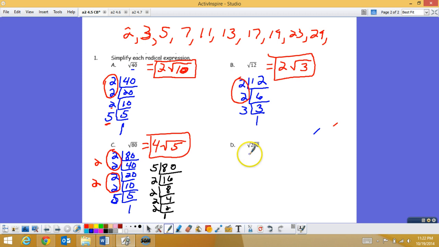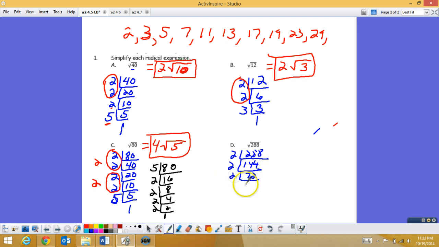So now, finally with 288, this is going to involve quite a bit more division. And since this is even, I'm just going to keep dividing by 2 until it's no longer even. So this is 144. 2 goes into 144 72 times.